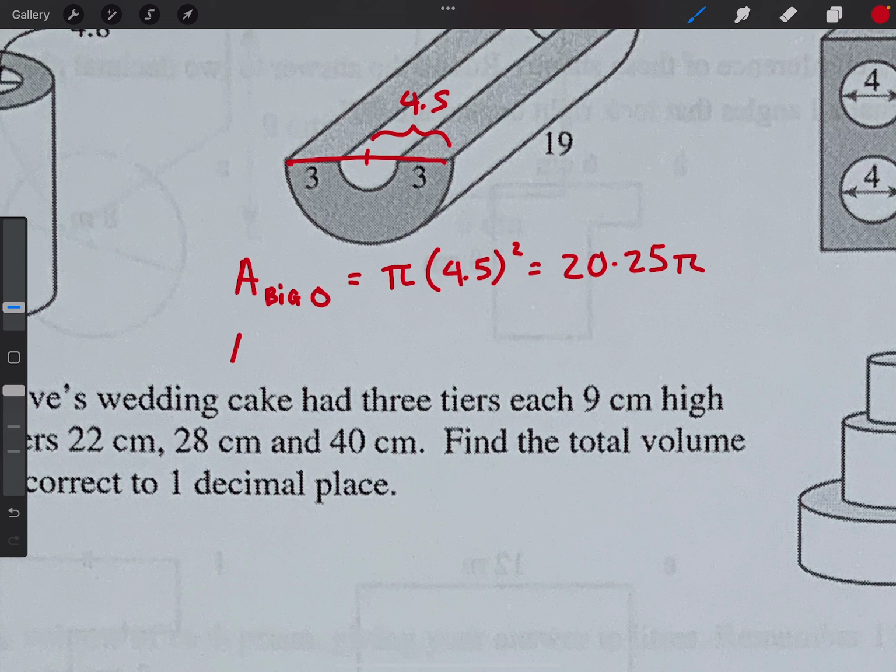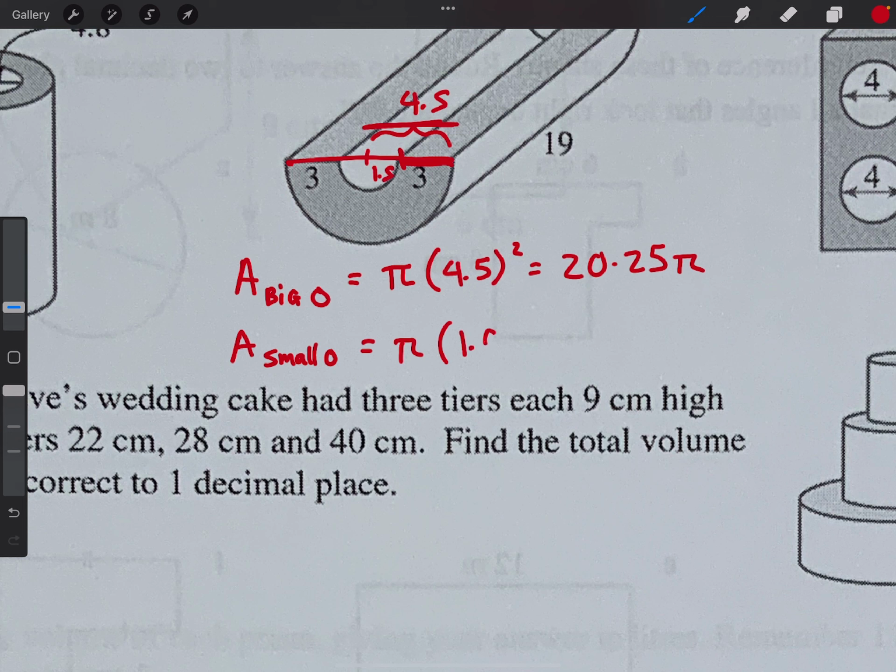Now the area of the small circle is equal to pi times, what's the radius of the small circle? We know this is 4.5 and this is 3, so when we take 4.5 take away 3, you're going to get 1.5.